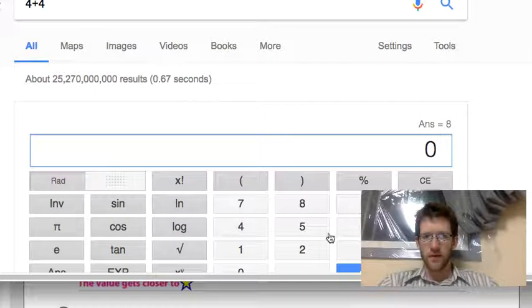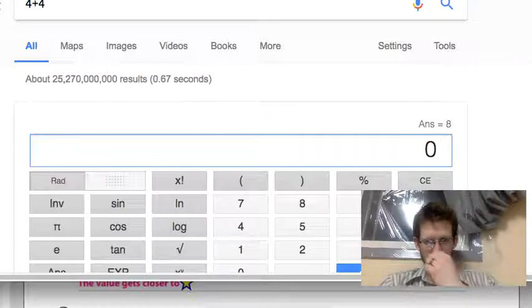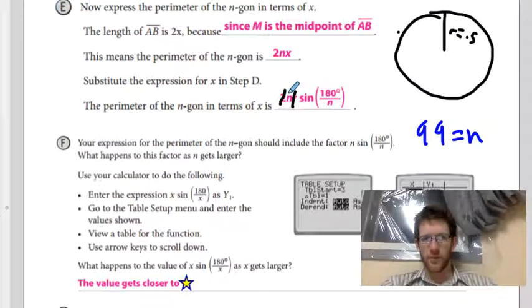Clear that out. So the number I picked was 99. Go back to the formula. We're going to do n times the sine of 180 divided by n, right?